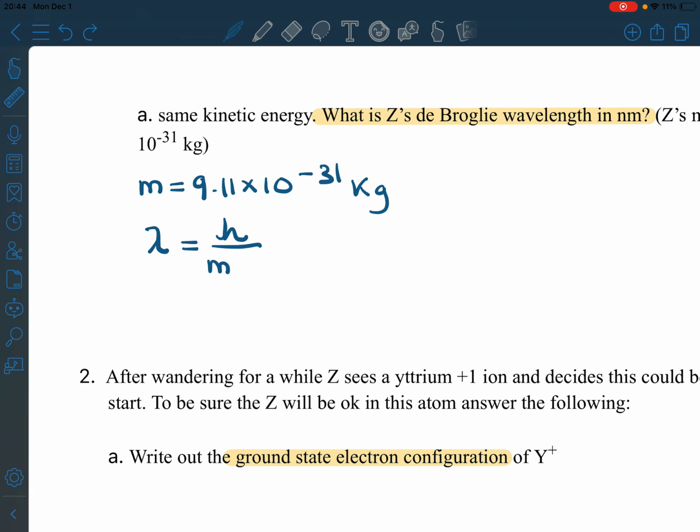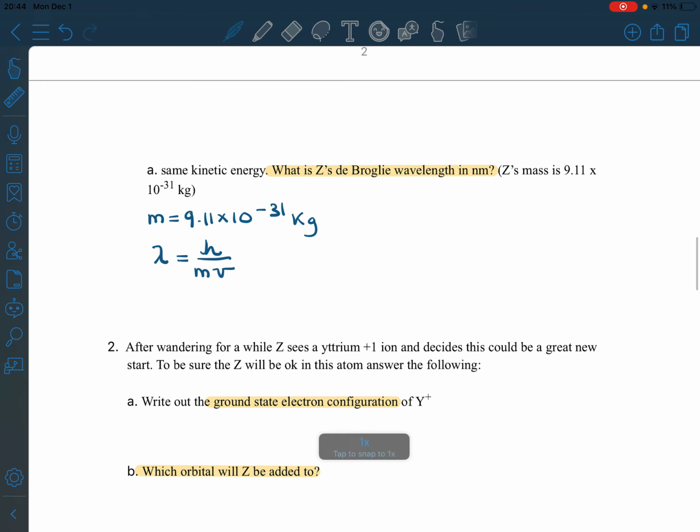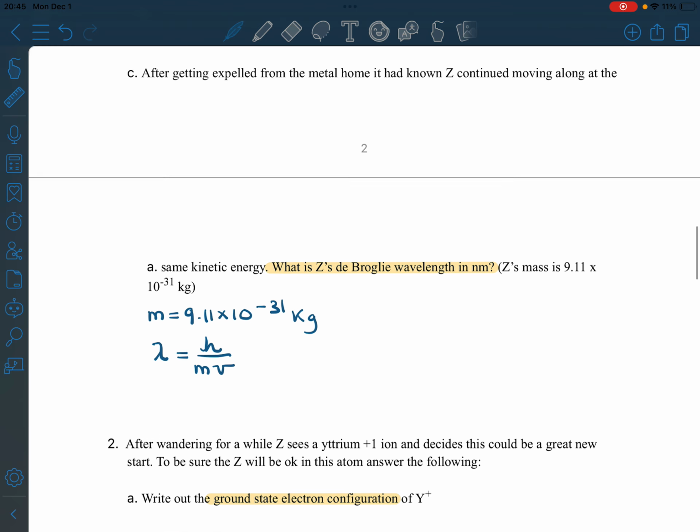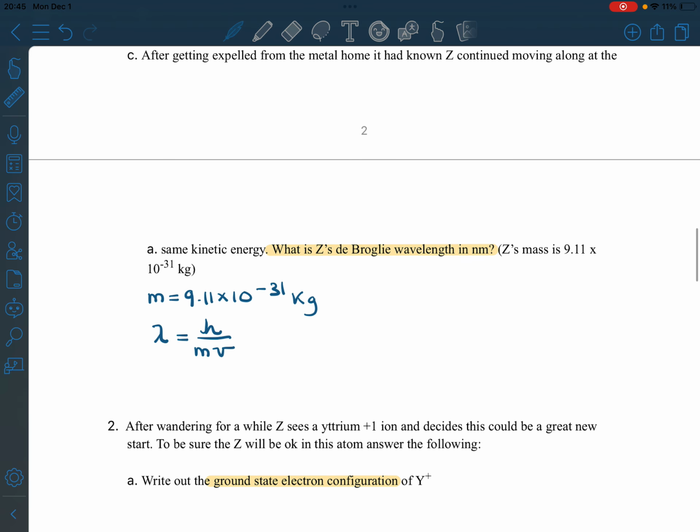Oops, I should make my velocity and my frequency look different. So now I'm thinking, okay, I have my mass, I know Planck's constant, and I need wavelength, but I don't know velocity, so how can I find velocity? So the little hint here is that it has the same kinetic energy.